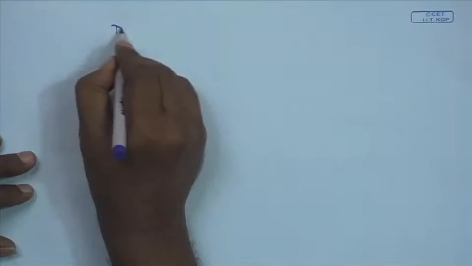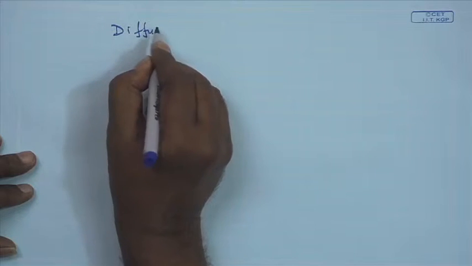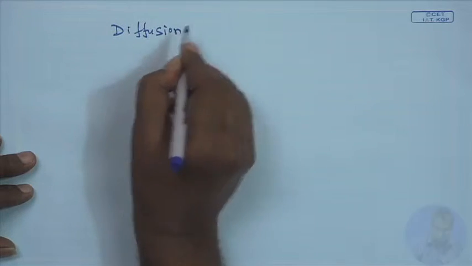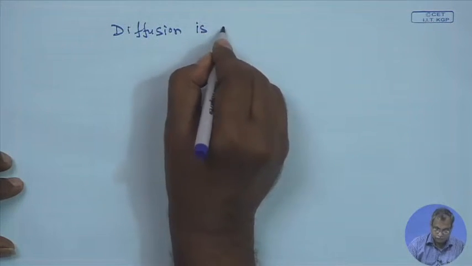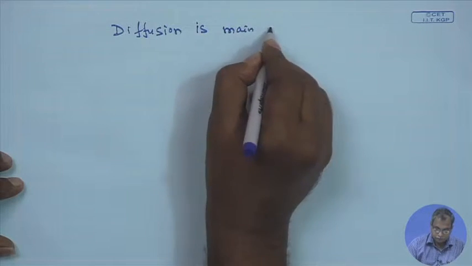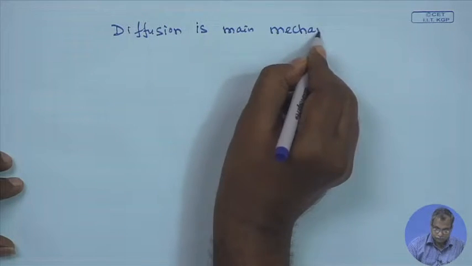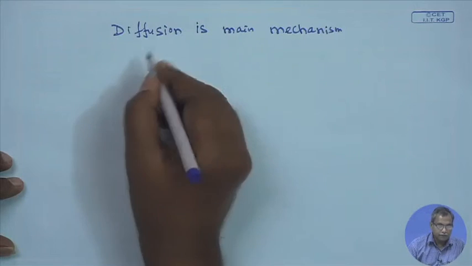Now, let us see what are the different transfer resistances involved in the dialysis process. Diffusion is the main mechanism, because of the concentration gradient.